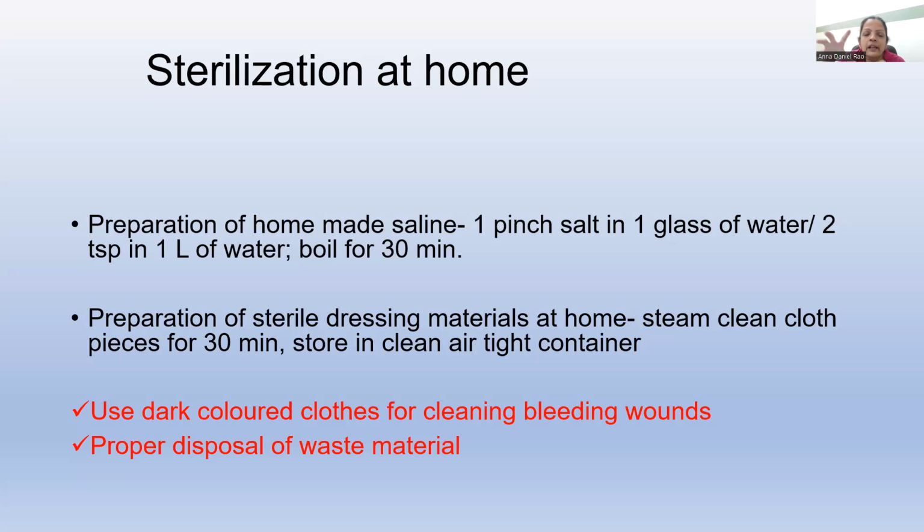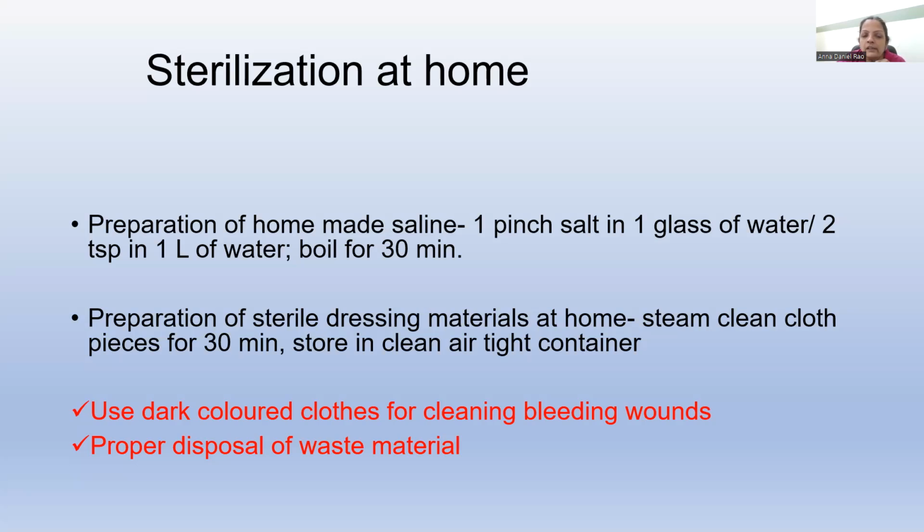So cutting and then keeping in a vessel, over a mesh they can place it, so that the boiling water won't enter the cloth pieces. And if they are doing it in a cooker, then not to place the vessel over it. So in that way, they can sterilize at home. Again, boil for 30 minutes and then keep in an airtight container.